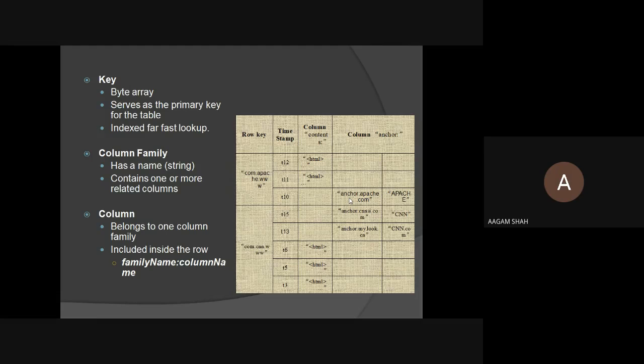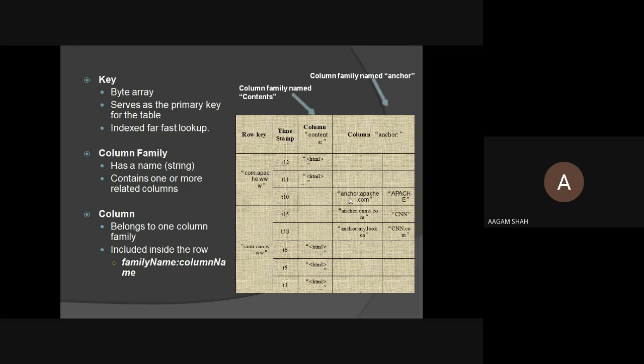The key is nothing but a byte array, which serves as the primary key for the table and index for fast lookup. A column family has a name, that is a string variable, and contains one or more related columns. As we have seen earlier, a column family may contain one or more columns.